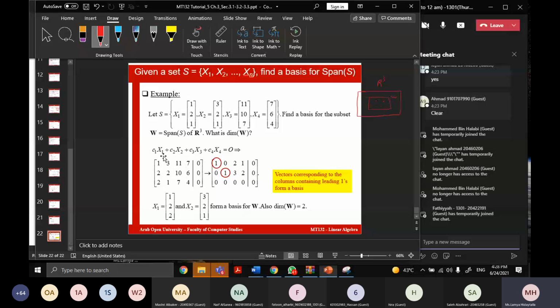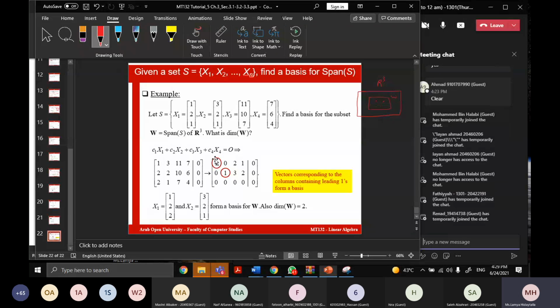Before we try to find the C's, we do the same but we reduce to the echelon form. When you reduce to the echelon form, the columns that have leading ones correspond to the elements in S that are linearly independent.